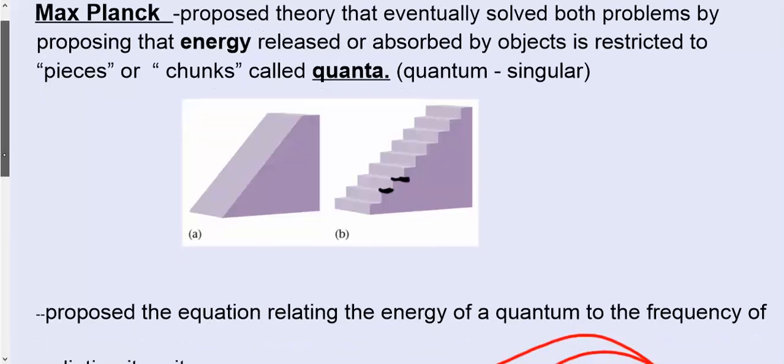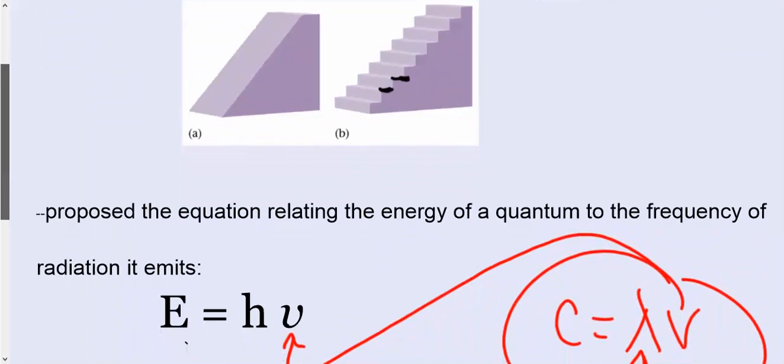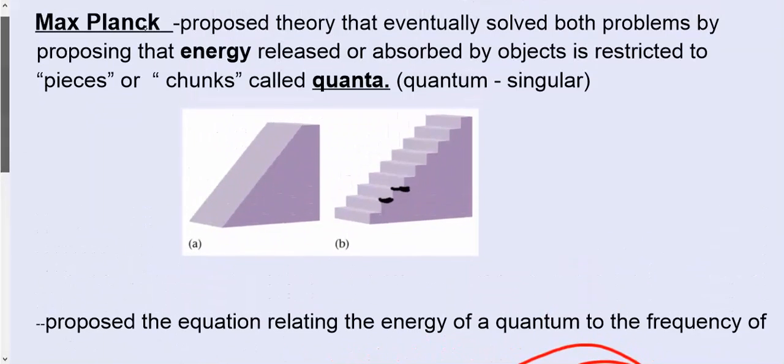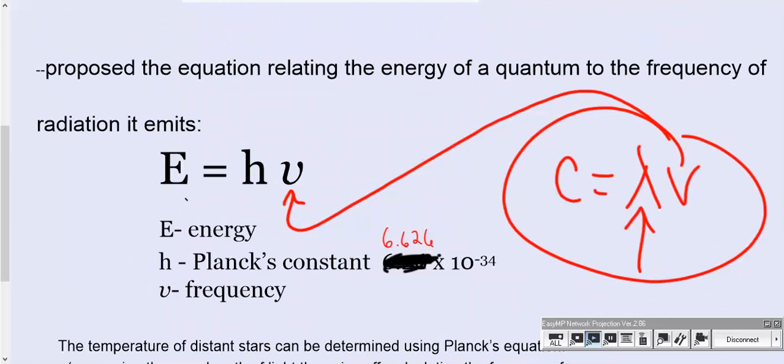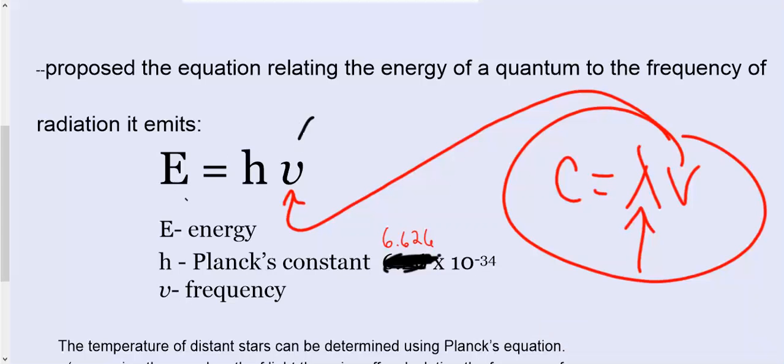Planck came up with an equation that relates the energy of a photon to the frequency of its radiation. E stands for the energy of a photon, ν is frequency, and h is known as Planck's constant, which is equal to 6.626 times 10 to the negative 34.